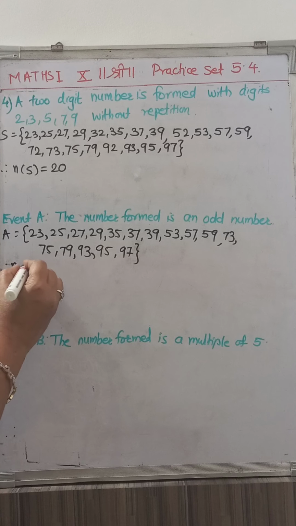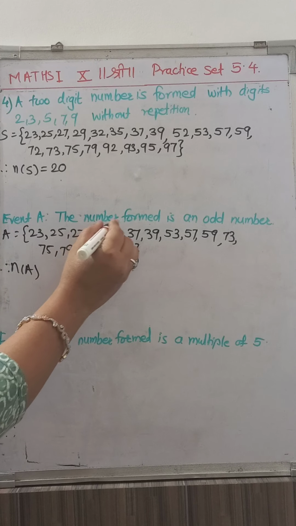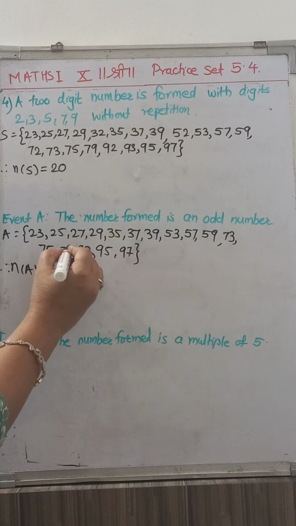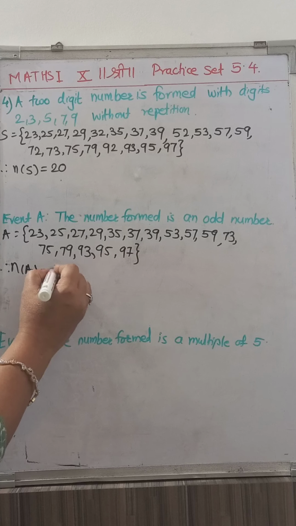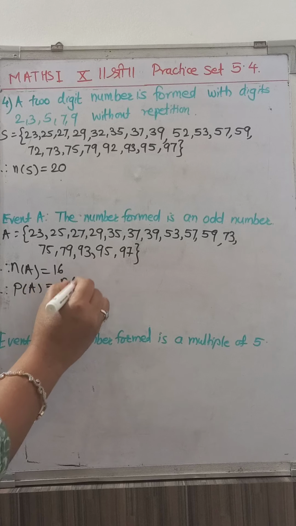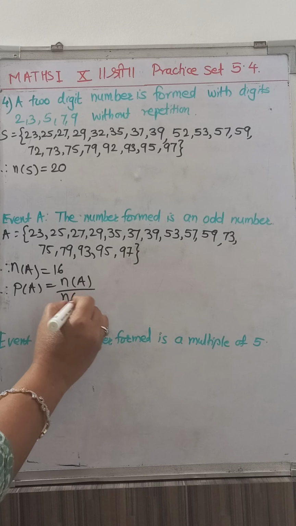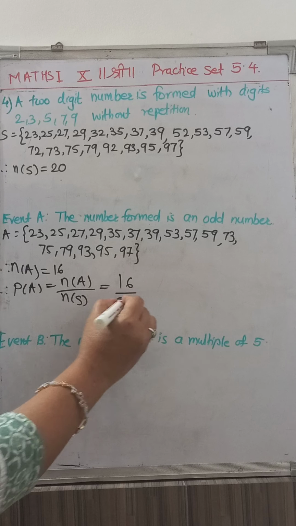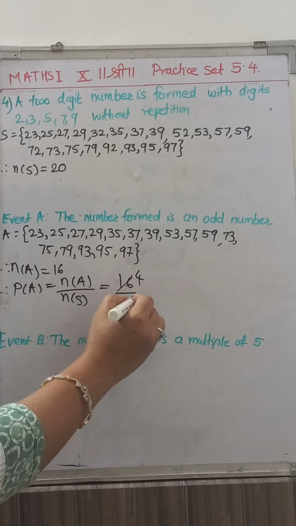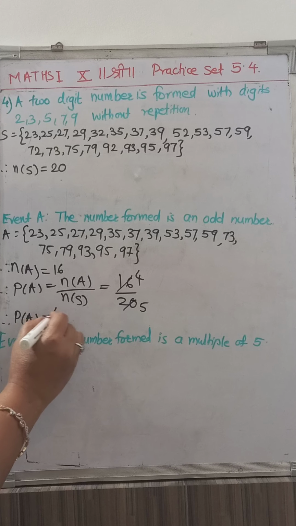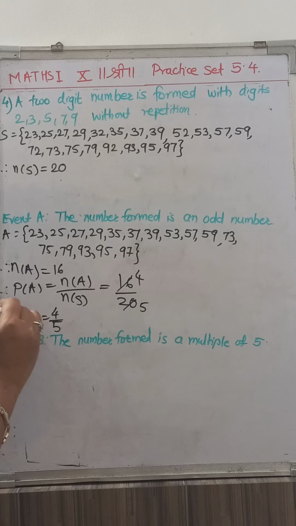Therefore, n of A is equal to 16. Therefore, P of A is equal to n of A upon n of S. Substituting the values, 16 upon 20. Simplifying it, 4 4s are 16, 4 5s are 20, and therefore P of A is equal to 4 upon 5. So probability of event A is 4 upon 5.